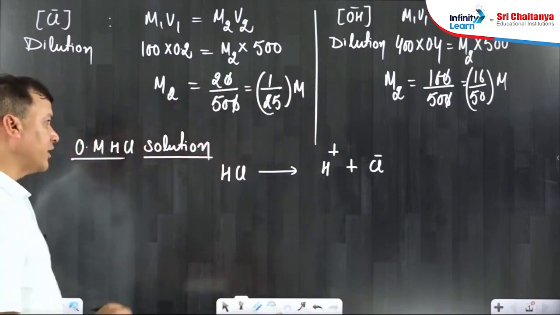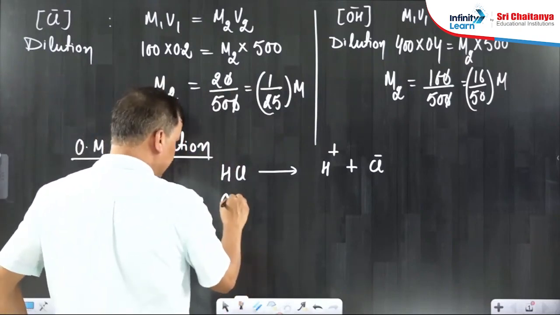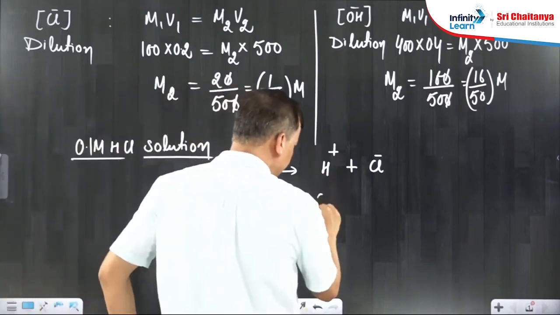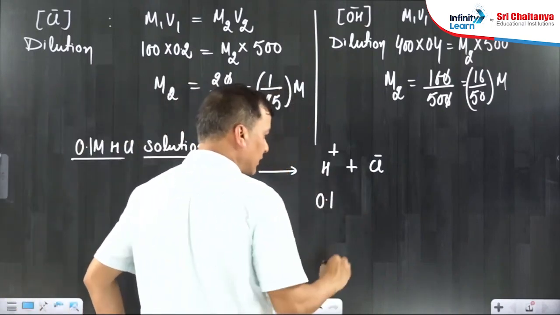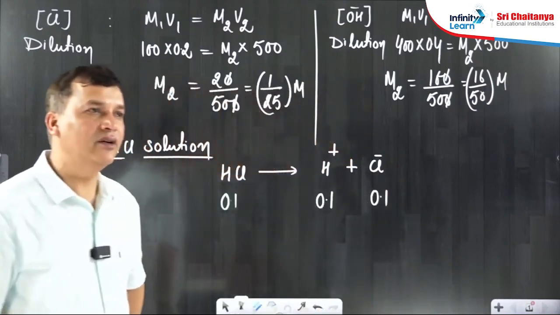What is the molar concentration of H positive here? HCl is 0.1 molar. What will be the molar concentration of H positive? It is 0.1, and here also 0.1. Are you understanding or not?